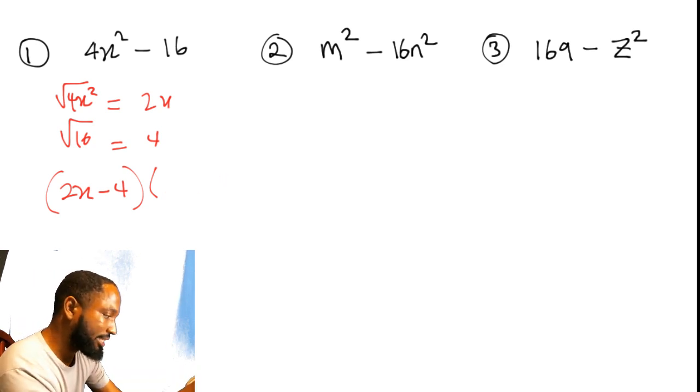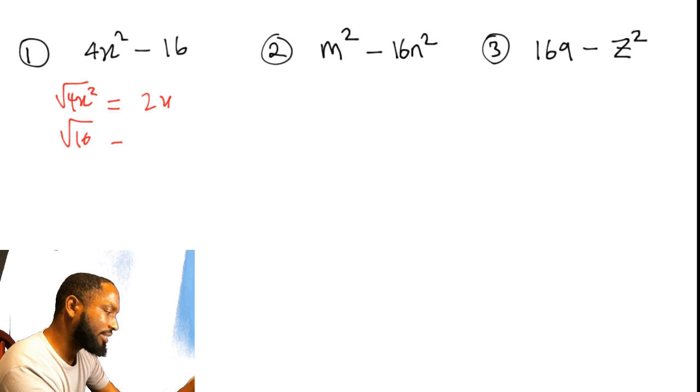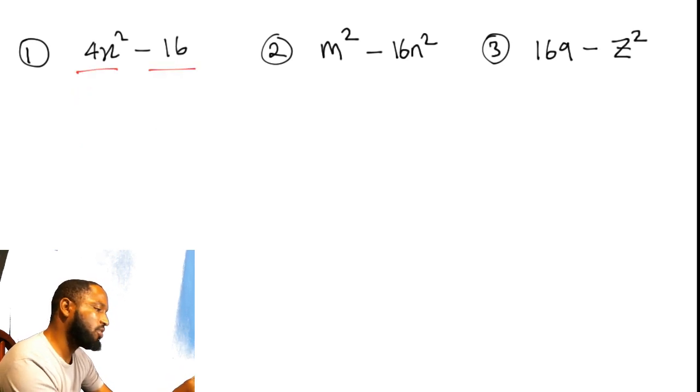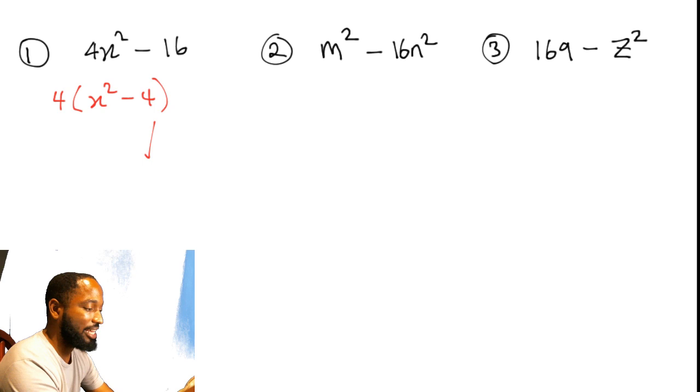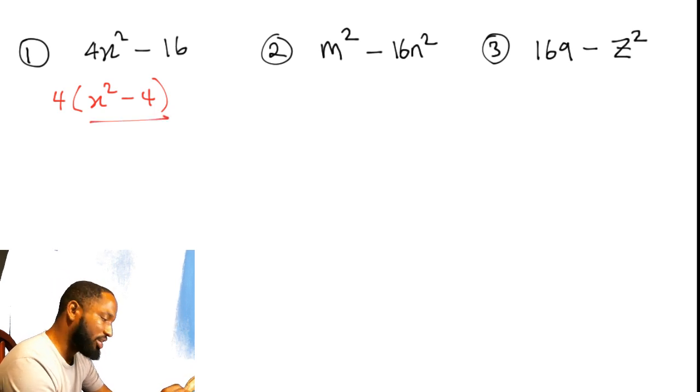This went for 2 marks in the exam. There's actually a factor you need to pull out first. You need to see that 4 could come out of both of them. So it'd be 4 into x squared minus 4. Some people forget to change that to 4. Some people say 4 into x squared minus 16, and that's why they end up with the wrong answer. Now the square root of x squared is x, and the square root of 4 is 2.